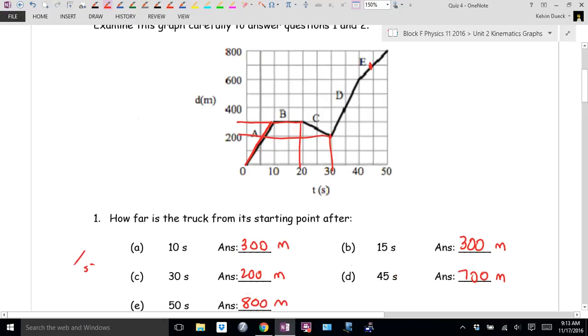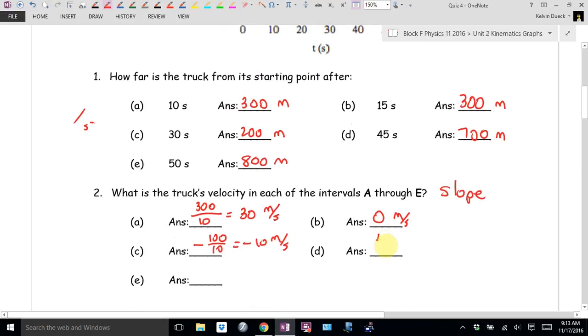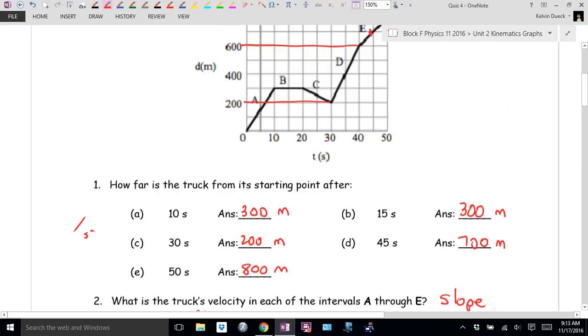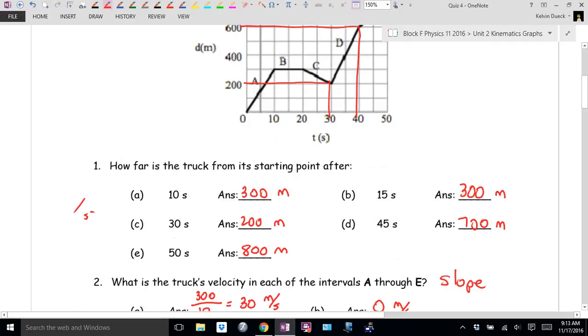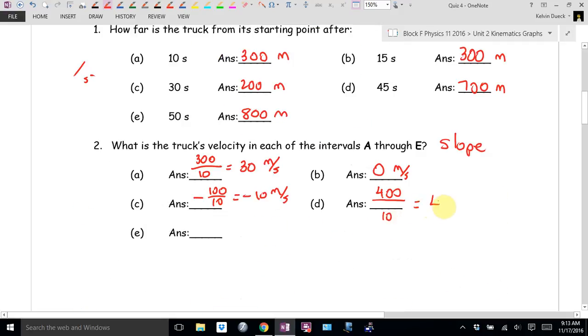D, this one's going to be a bit trickier. 200, 600. The rise is 400. The run is still 10 seconds. So 40 meters per second.